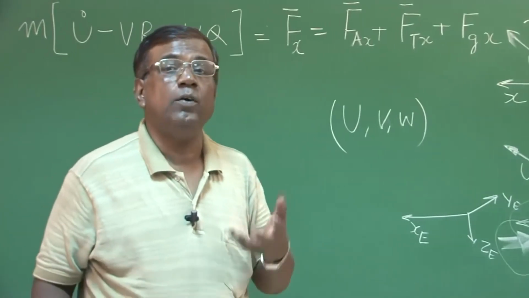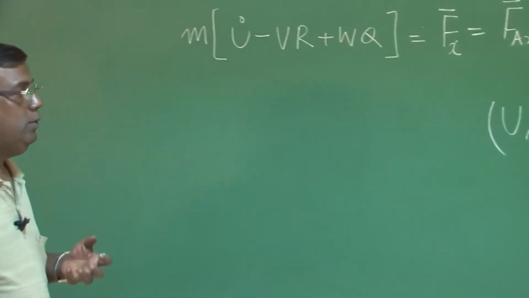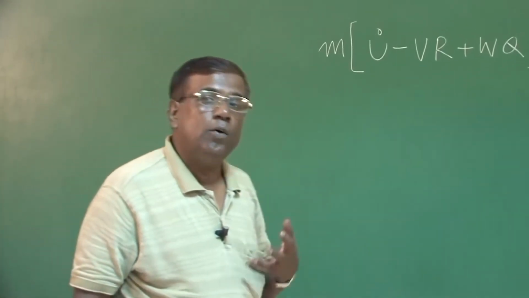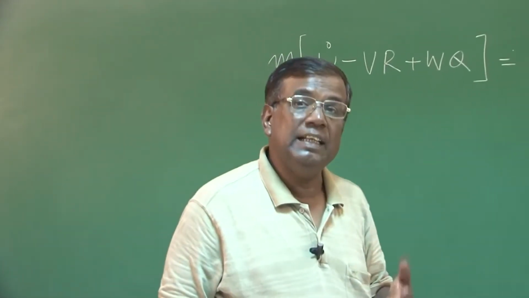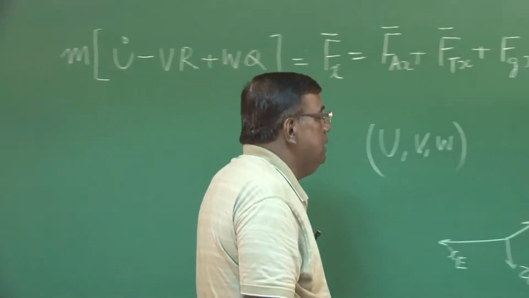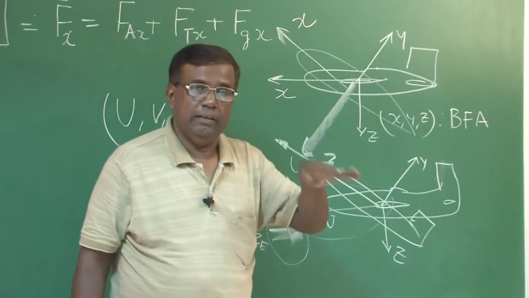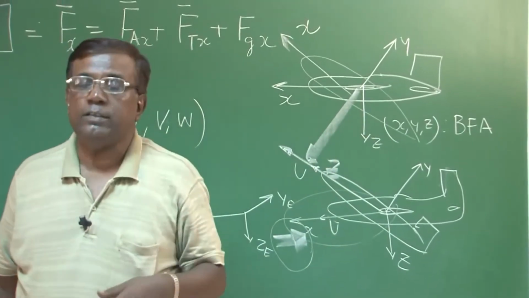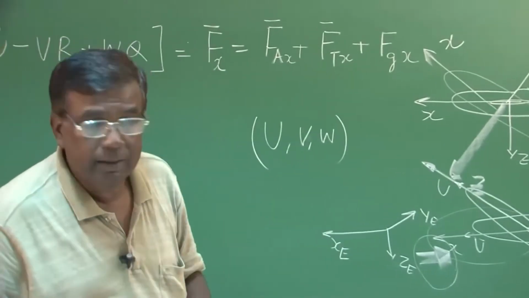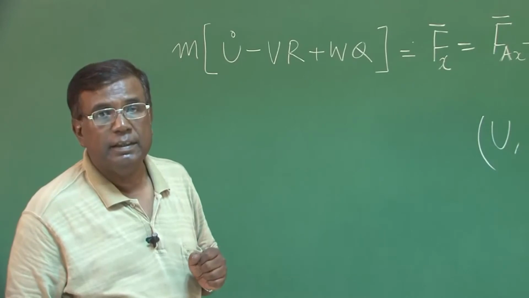So I am using the word orientation. That is important. We need to know how to define the orientation of the airplane in space. I cannot measure the orientation with respect to the body fixed axis, because as the body rotates, the axis also rotates. Why does the axis rotate? Because it is a body fixed axis.